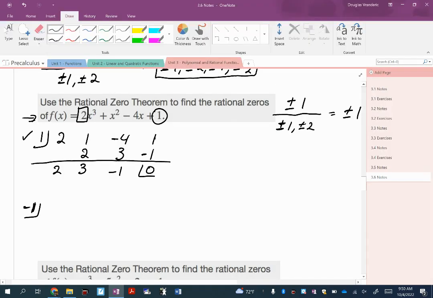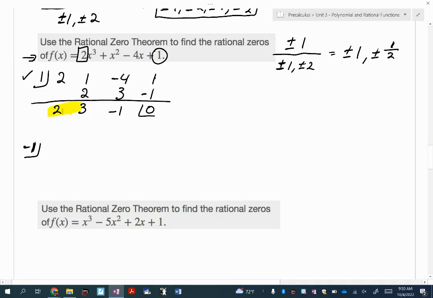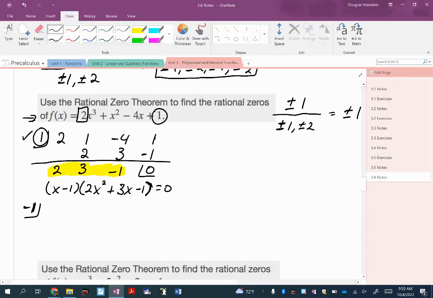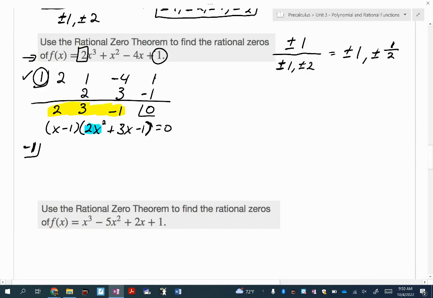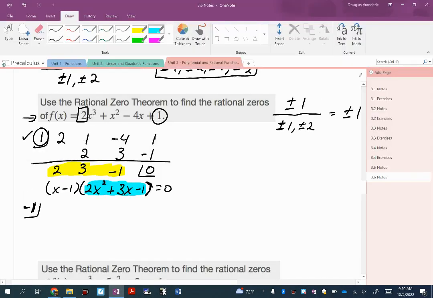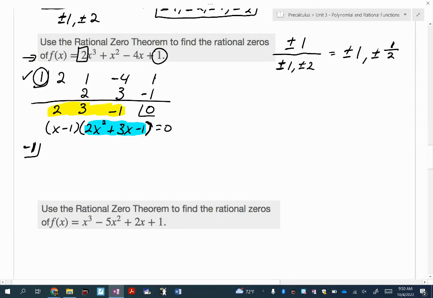So the fact that we finished with this, and I'll show you what I'm talking about here, essentially I have x minus 1, this was one of my answers, times 2x squared plus 3x minus 1. So if I'm trying to find all of these solutions, I would end up trying to factor or complete the square or use the quadratic formula of this quadratic trinomial, stuff that we did in the previous unit.